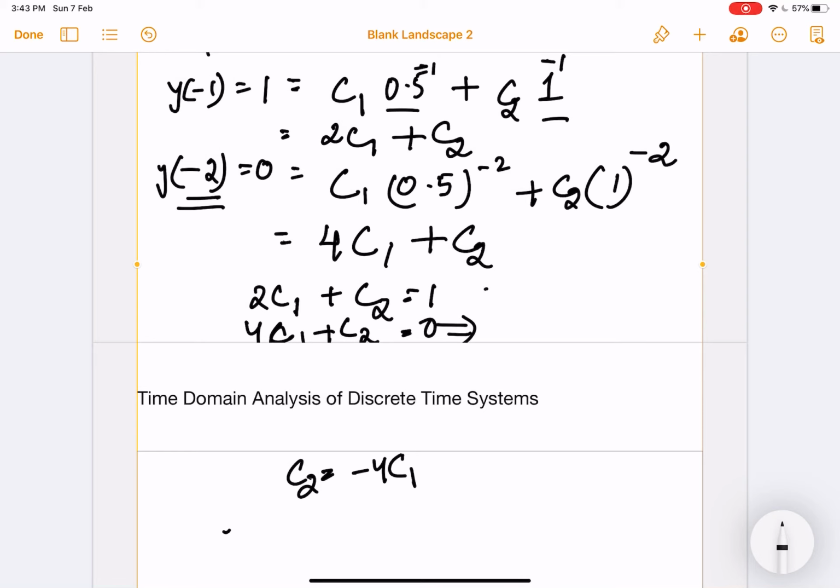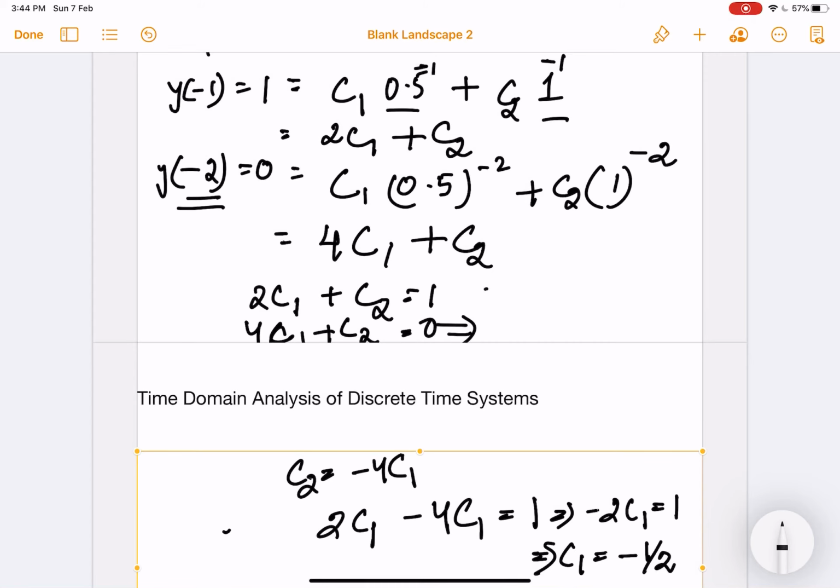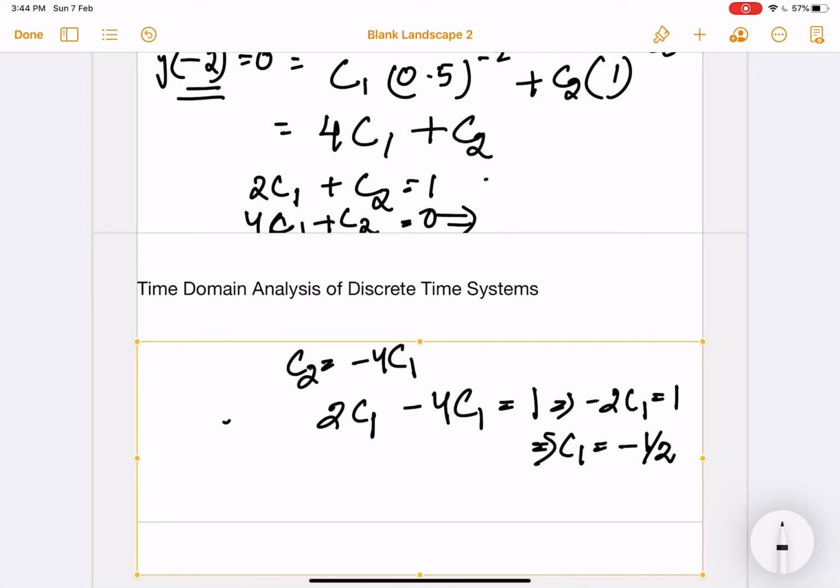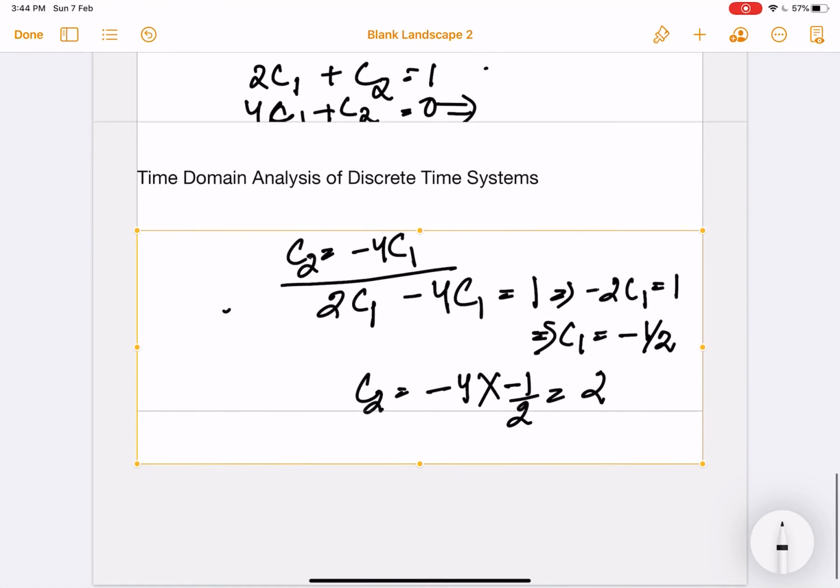If we put the value of C2 over here, 2C1 minus 4C1 is equal to 1, which gives us minus 2C1 is equal to 1, so C1 will be equal to minus half. And C2 is minus 4 into C1, which is 2. So C1 is minus half and C2 is 2, the same that we had got.